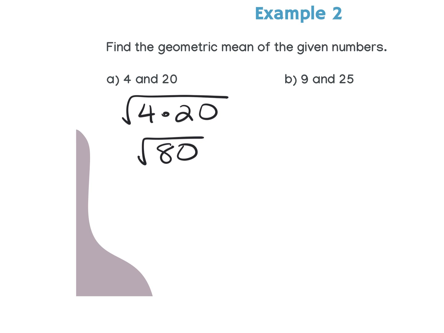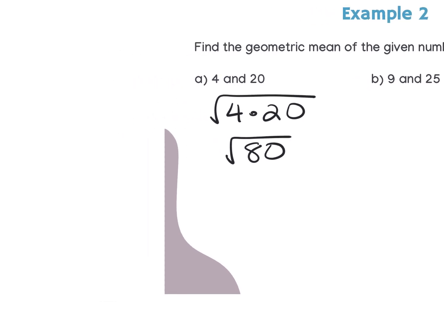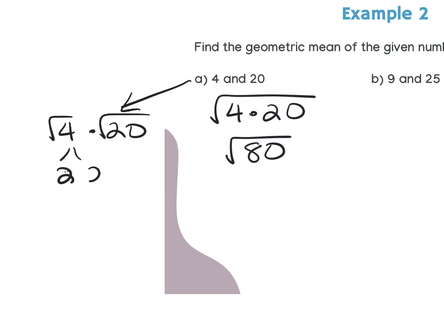So this is where we have to do a factor tree. As soon as you see that you got a decimal as an answer, you could go back to the original and do the factor tree right from here and do 2 times 2. For the 20, you could either do 2 times 10, or 4 times 5. It really doesn't matter. So if you do 4 times 5, you've got to keep breaking these down till they're prime.